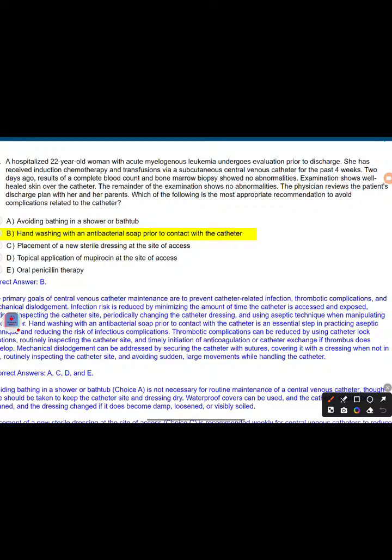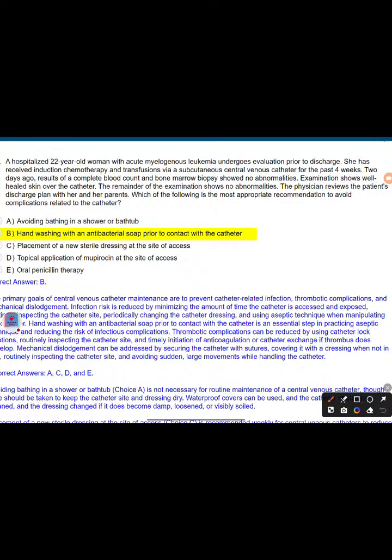Two days ago, the complete blood count and bone marrow biopsy showed no abnormalities. Examination shows well-healed skin over the catheter. The remainder of the examination shows no abnormalities. The physician discusses the discharge plan with her and her parents. Which of the following is the most appropriate recommendation to avoid complications related to the catheter?